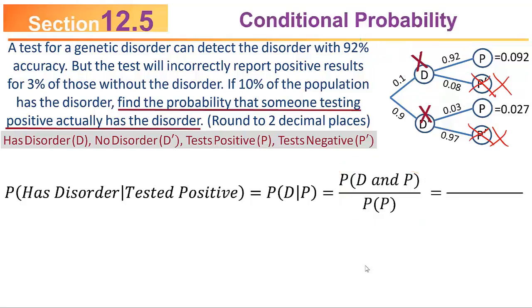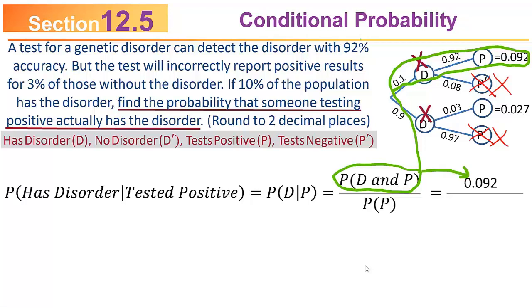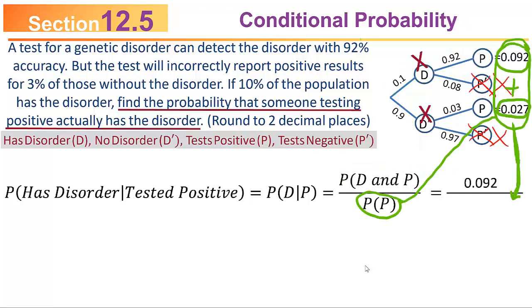So what is the probability of D and P? Well, that's just the product along the D and P branch, which is the 0.092. But what's the probability of P? That's the denominator probability. Well, there are two ways to get to P, and remember we did this earlier. If there are two ways to get to P, you've got to consider both.